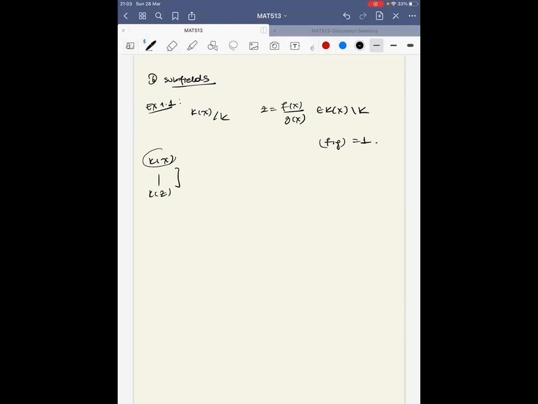We will observe that in this case the extension degree will be the maximum of the degree of the numerator f and the degree of the denominator g of x. And for the notation, let me denote it by degree of z.